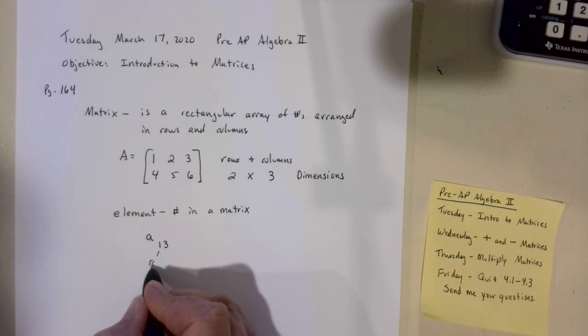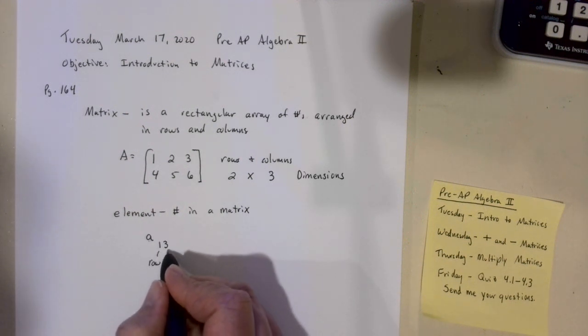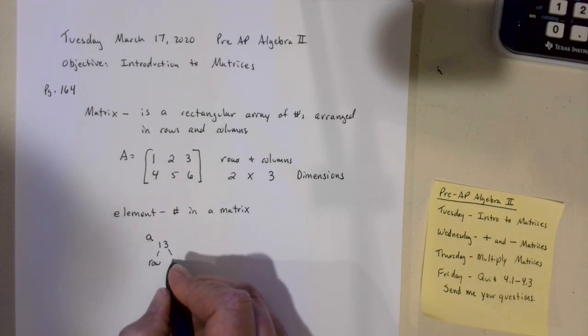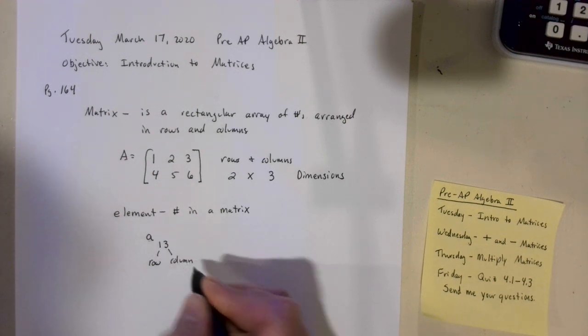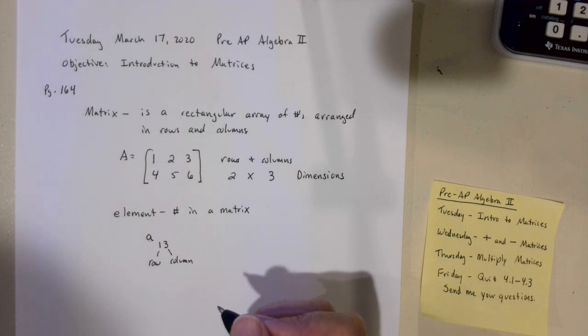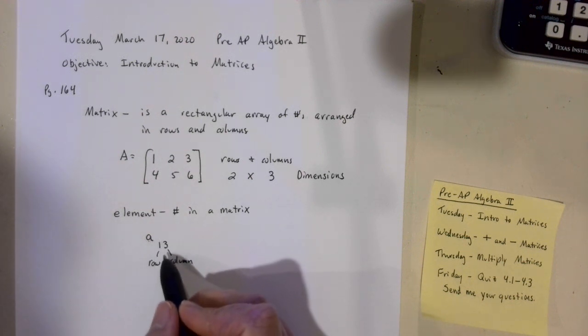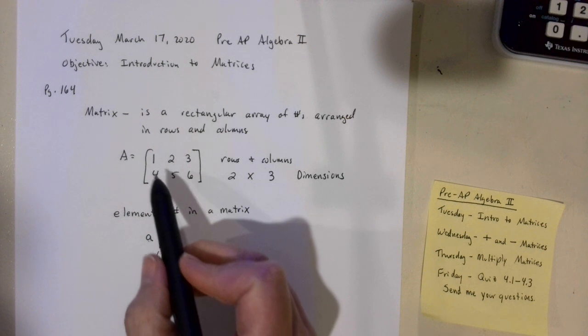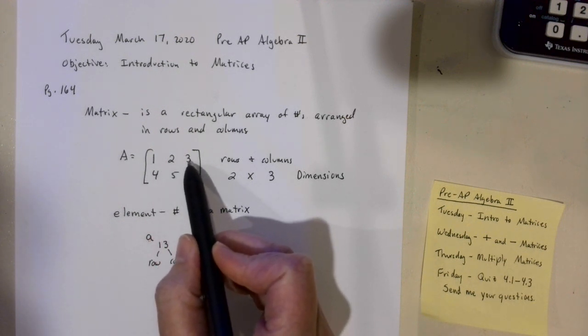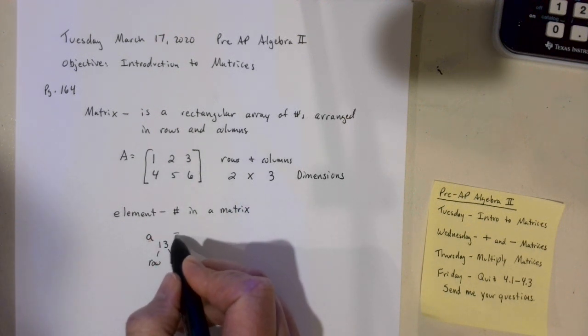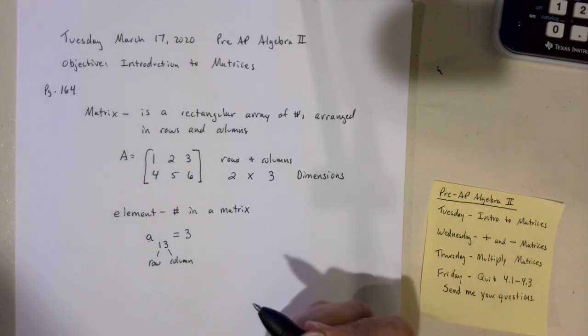The first number refers to what row the number is in. The second number is what column that particular number is located in. So if I want element A13, I'm talking about the first row, third column, so I'm talking about the number 3.